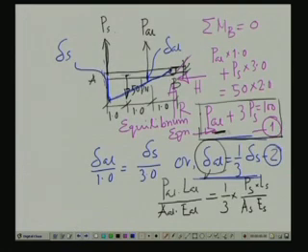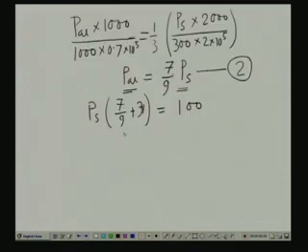We have P aluminum plus 3 of P s, so P aluminum is 7 by 9 P s, plus 3 P s equals 100, which gives us the value of P s as 26.45 kilonewton.